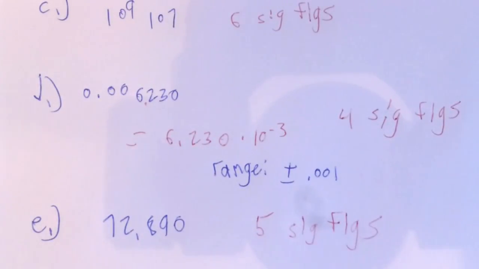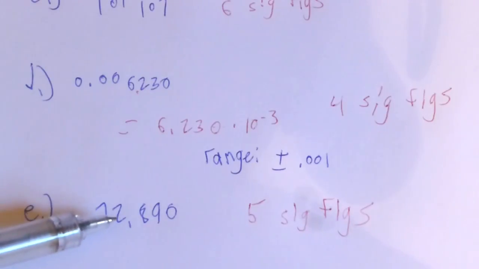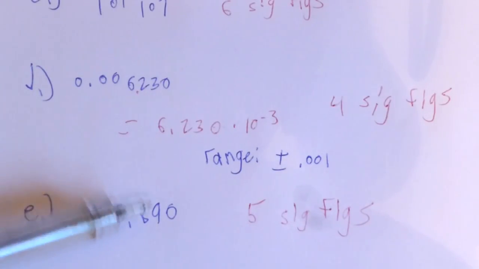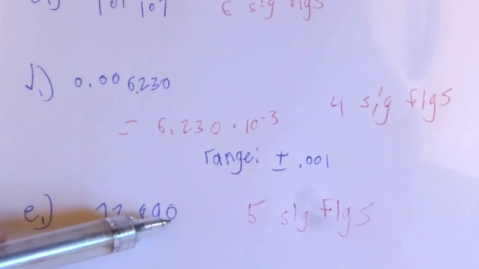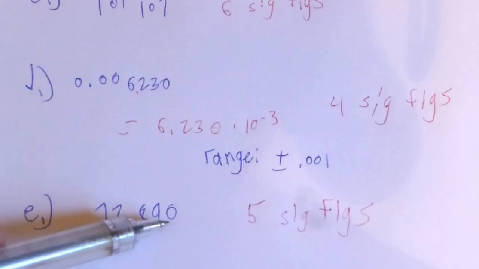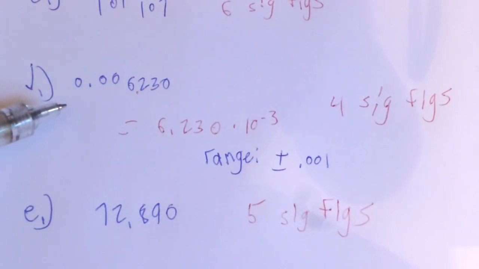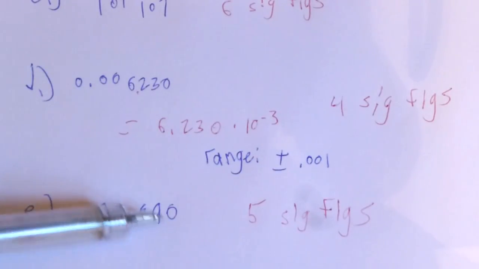Not too hard, is it? So, why are there 5 sig figs? Well, we count whole numbers, 1, 2, 3, 4 whole numbers. That's a given. And this 0 here is what is known as a trailing 0. We count trailing zeros as significant because our range is just like D. It's also plus or minus 0.001 right there. You see?